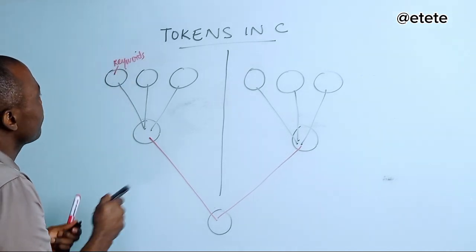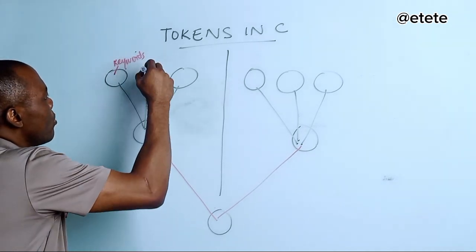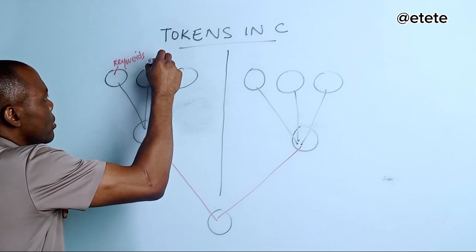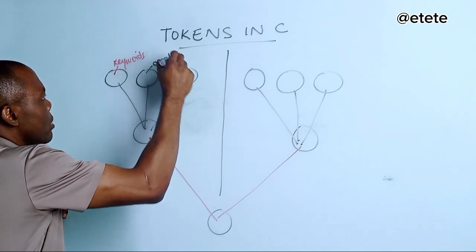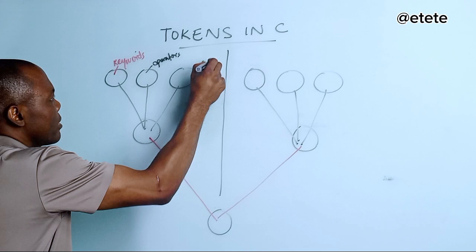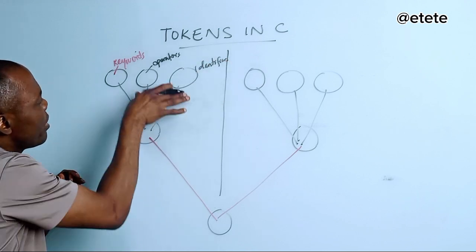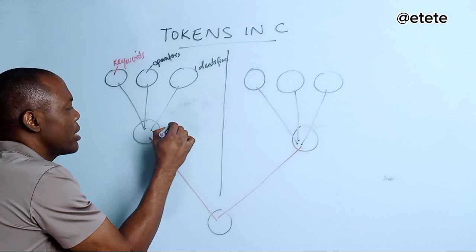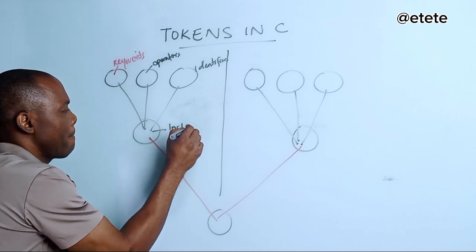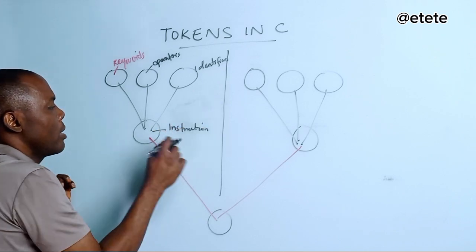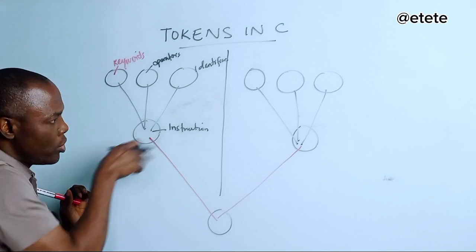Then you have your operators, you have identifiers, right? Now when you combine them together, you create an instruction here, right? We are creating an instruction here.